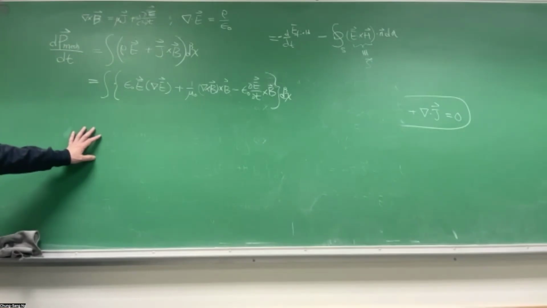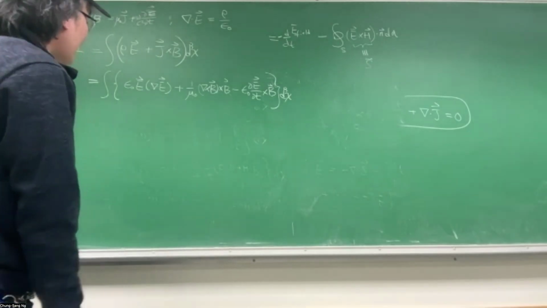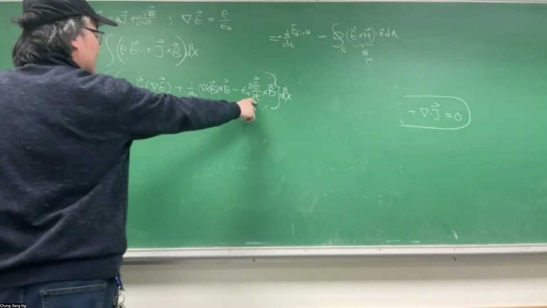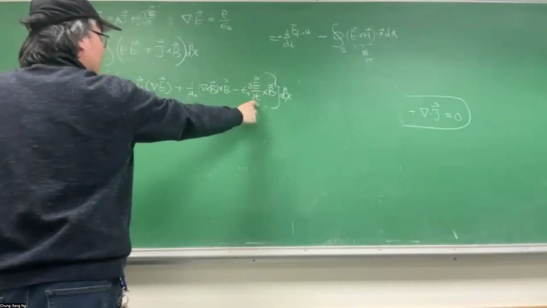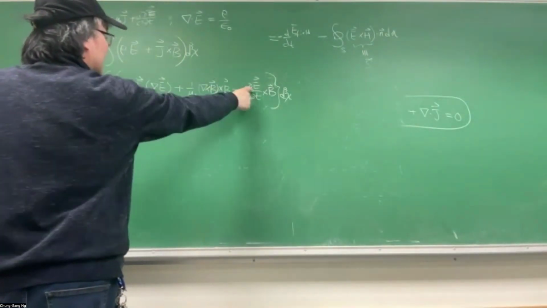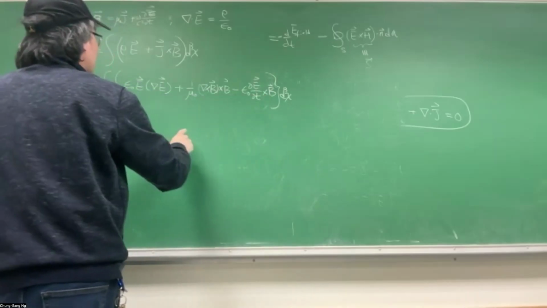So that is the goal. Instead of the divergence of a vector, divergence S, we have a divergence of a tensor, right? And then plus something that is a total time derivative. So now you have a time derivative of T, but it's not a total time derivative yet. So you have just E cross B.